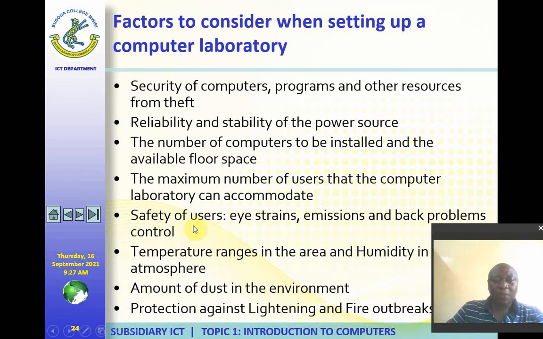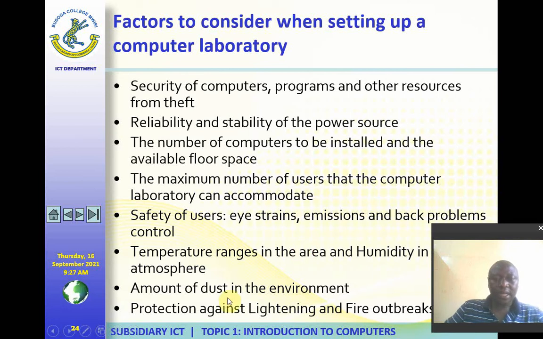Then also the safety of the users, especially the back problems, the eye strains, and emissions. That's why you have the other chairs where you can sit upright. Then also we have the temperature ranges. That's why I was showing you the ventilation or the windows.